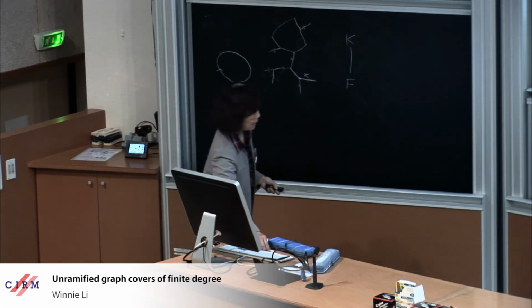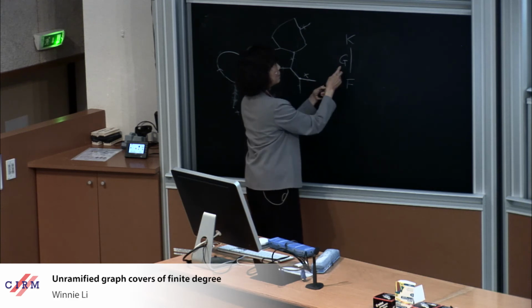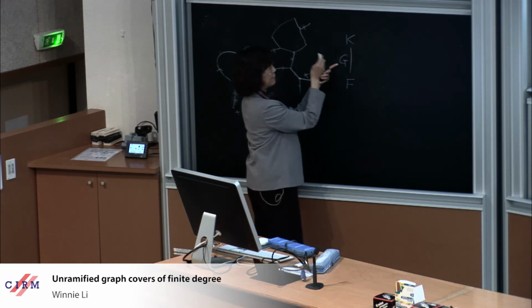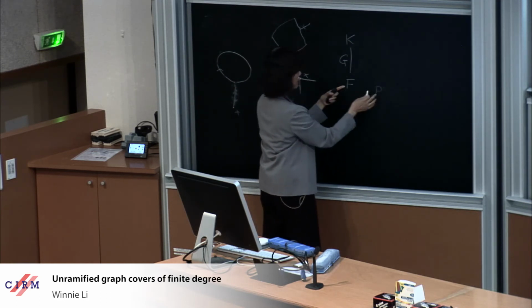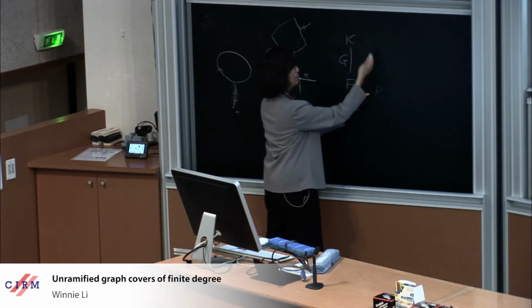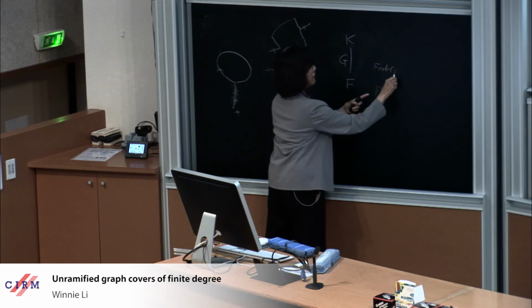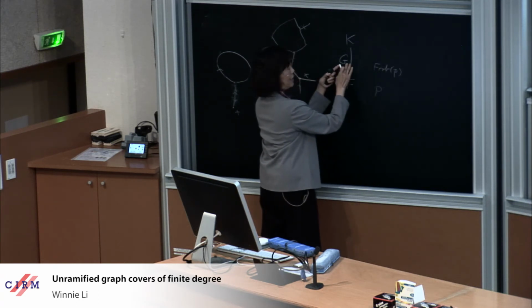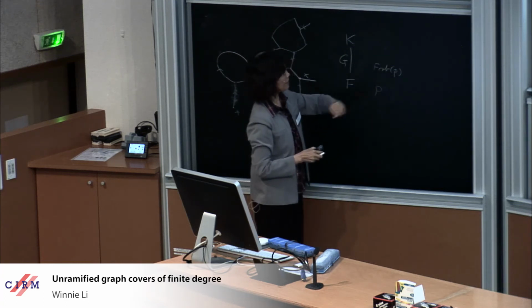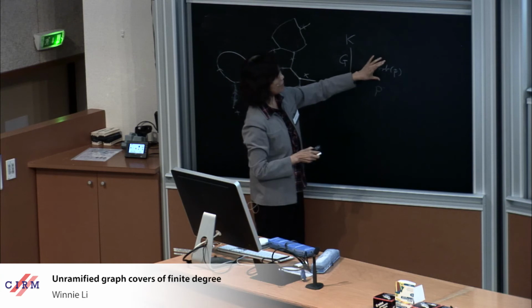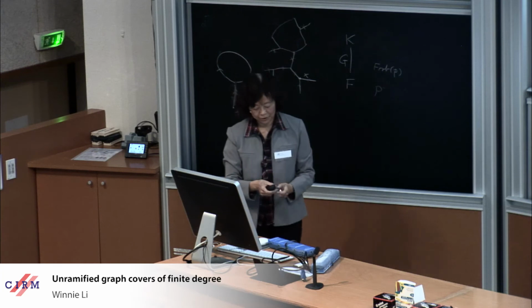Since this is a finite Galois extension, this Galois group is finite, and this finite group has finitely many conjugacy classes. Downstairs, there are infinitely many primes which are unramified upstairs. To each prime, we have the Frobenius conjugacy class, and it is one of the conjugacy classes of G. We want to know how they are distributed among the finitely many conjugacy classes of G.